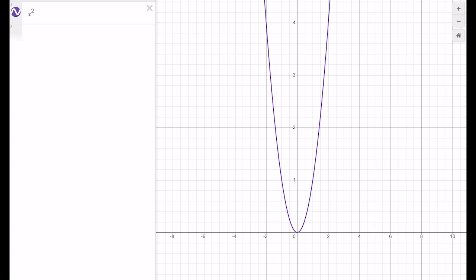Now my domain is all real numbers because you can plug in any number for x and square it and you get a different y value. But your range, on the other hand, which is your set of possible y values, if you notice, there's no y values in the third or fourth quadrants below. So that means I need to restrict it and say that my range would be anything from 0 to positive infinity.